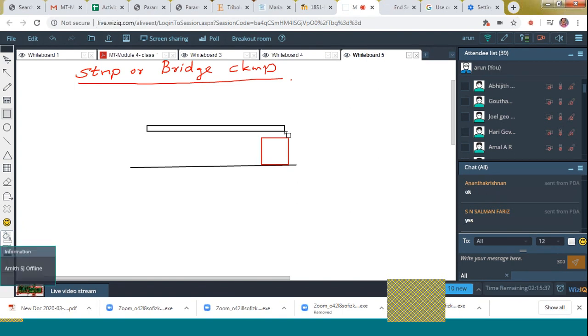This is the strap, or we call this the bridge, and there exists one protrusion on this strap to touch the surface of the workpiece like this. That portion is called the heel. This is the workpiece, and this is called the strap.